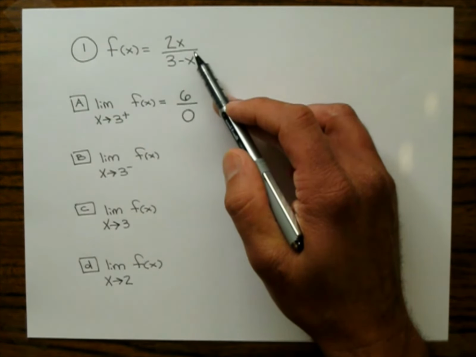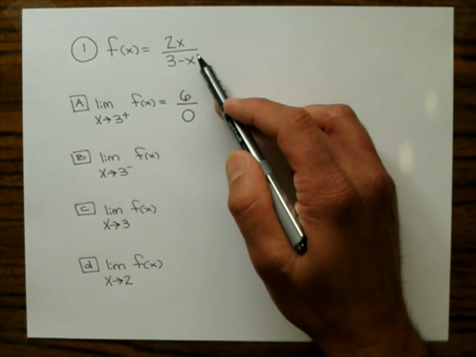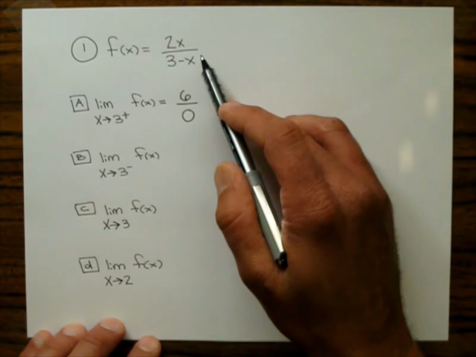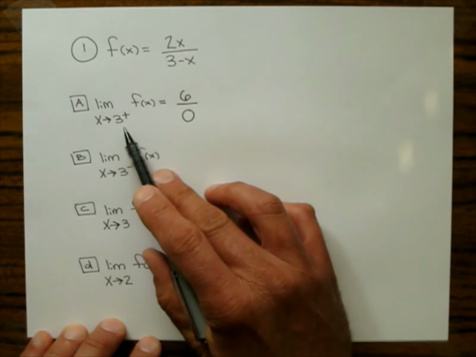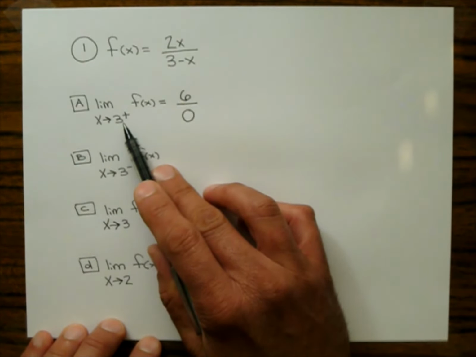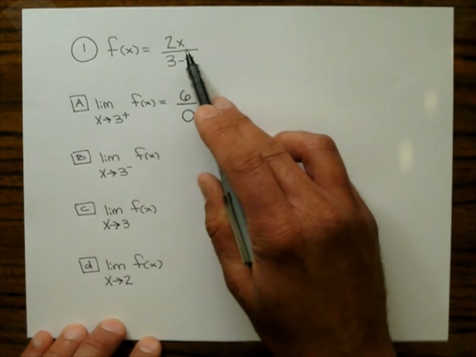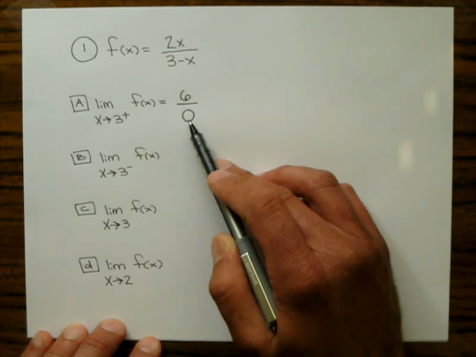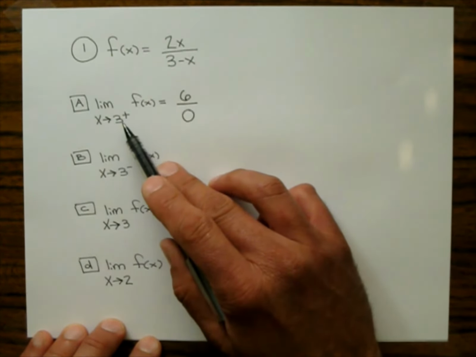So what I'm going to do is show you some notation. I don't think the book has this notation, but it's a really good notation. As you're coming toward 3 from the right, perhaps we don't want to put 3 into this function because of this. But maybe we want to put in a number that's to the right of 3.